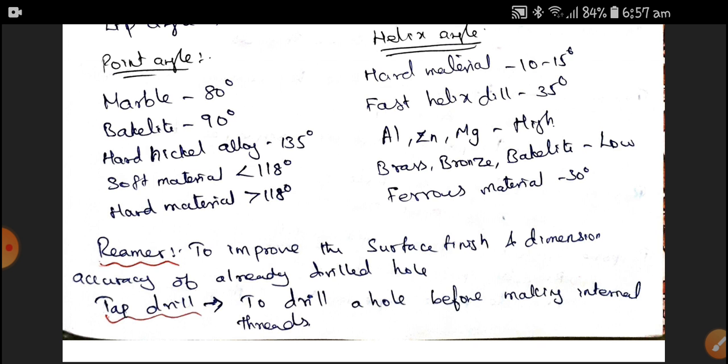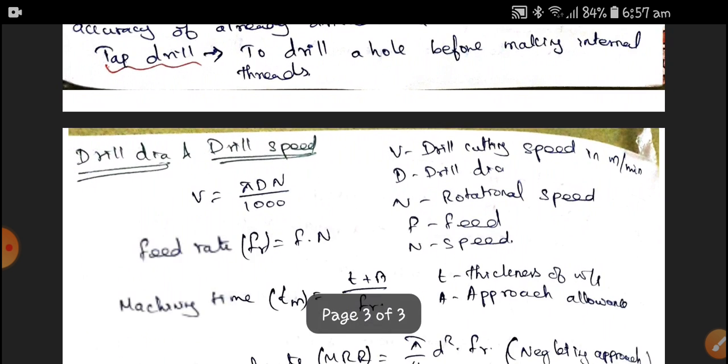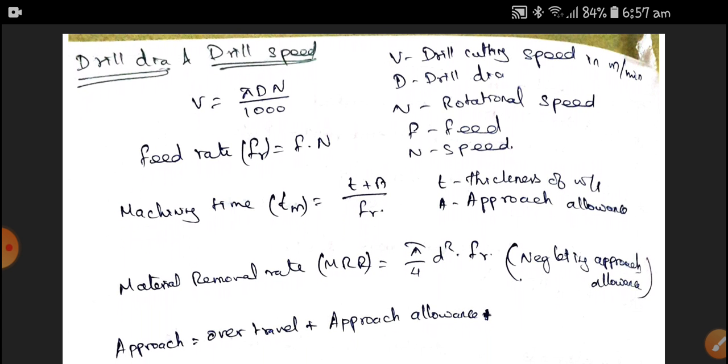And next we have a small formula point of view for drilling diameter and drill speed. Here the drill speed, drill velocity, we know that it is pi D N by 1000. The 1000 is there because the drill diameter in millimeter is converted into meter. Otherwise, for velocity in meter per second, the formula is pi D N by 60, we have to divide by 60.